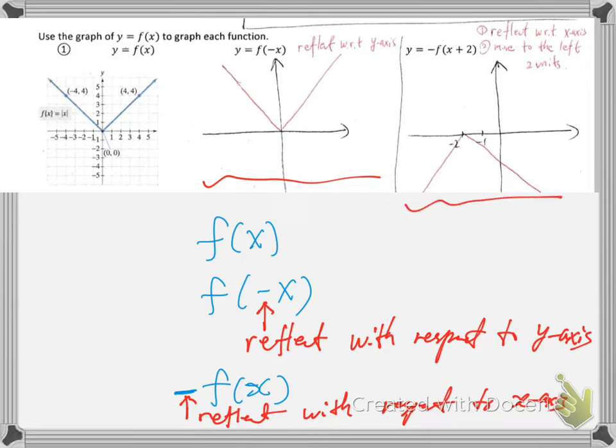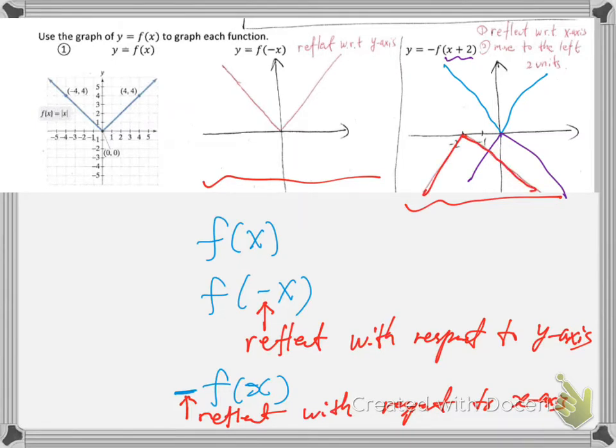That's the second example: reflect and then move to the left by 2. In the beginning, the blue curve is this, and then you reflect it with respect to the x-axis. You get this purple curve, and then move to the left too. You get this red curve, the answer.